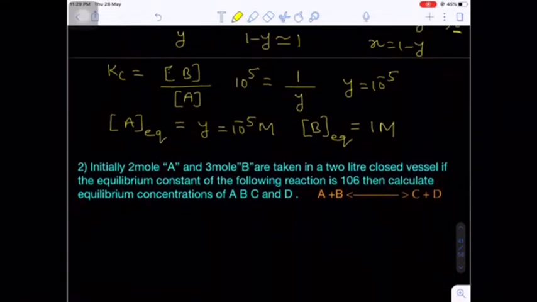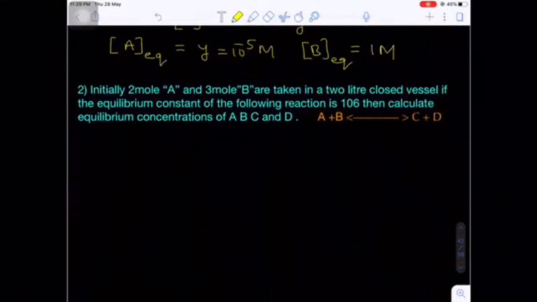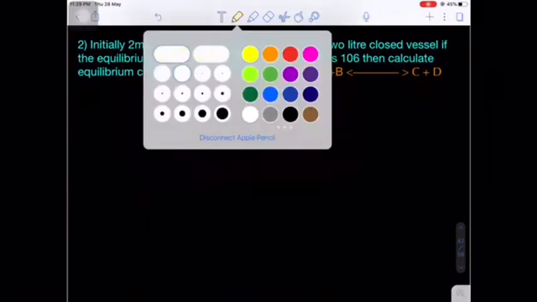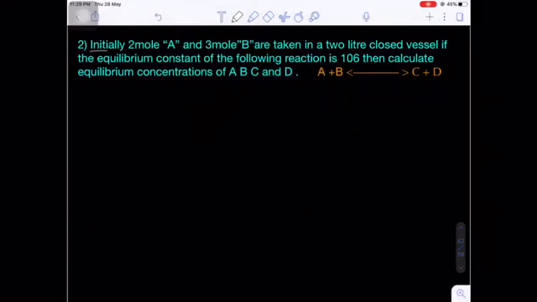Now come to the second problem. In this problem, initially 2 moles of A and 3 moles of B are taken in a 2 liter closed vessel.